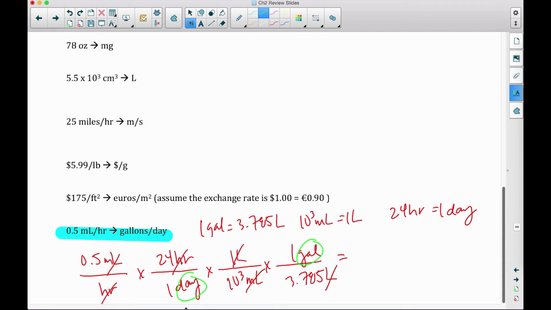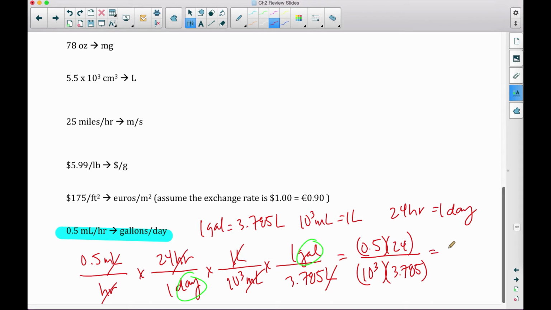So in terms of solving, we're going to multiply across the top. Our math is actually 0.5 times 24 on top of 10 to the 3rd times 3.785, and then our unit is going to be gallons per day. So we multiply, and then we divide, and let's see what we get.